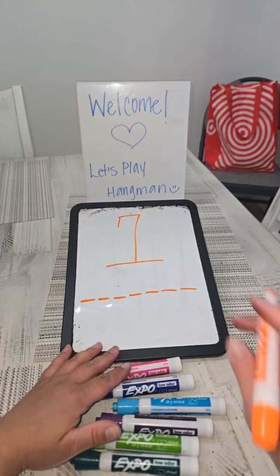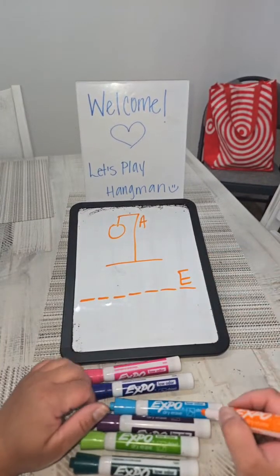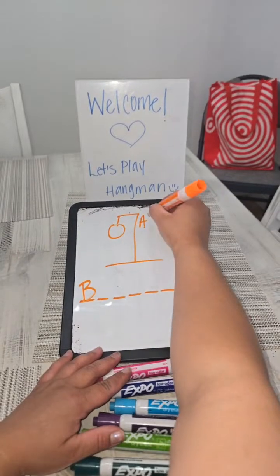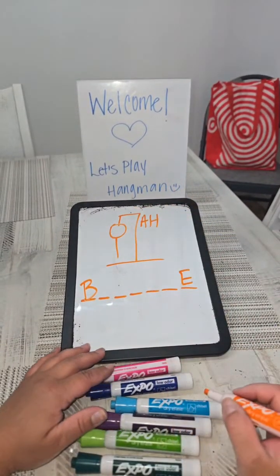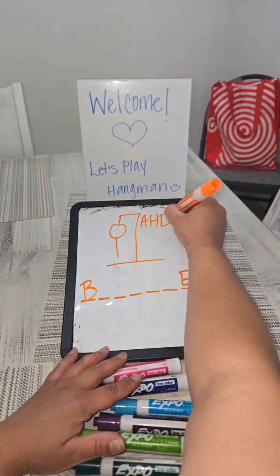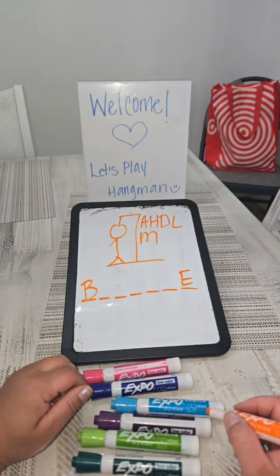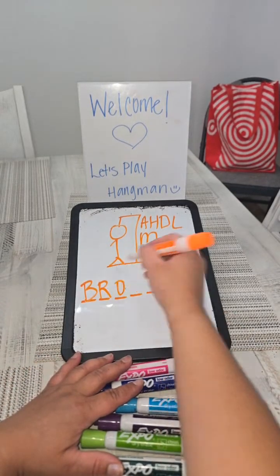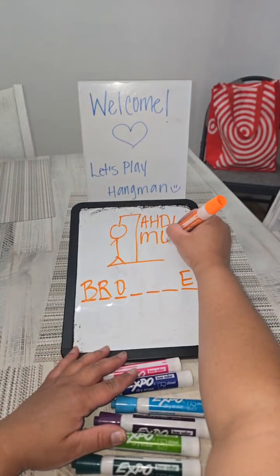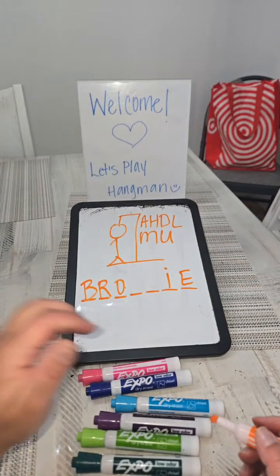A, E. There's no A, but there is one E. B, H. There's a B. There's no H. D, L, M. R, O. U, I. X, F.